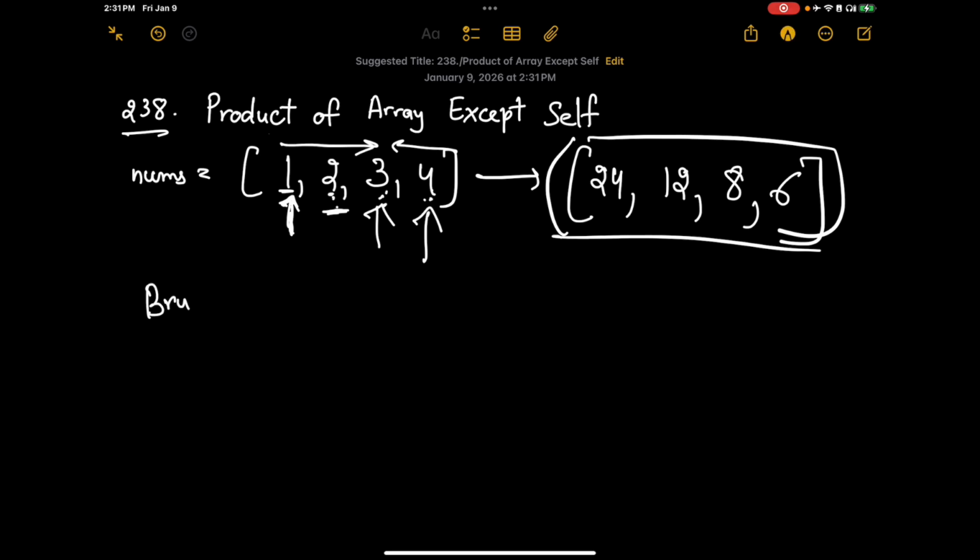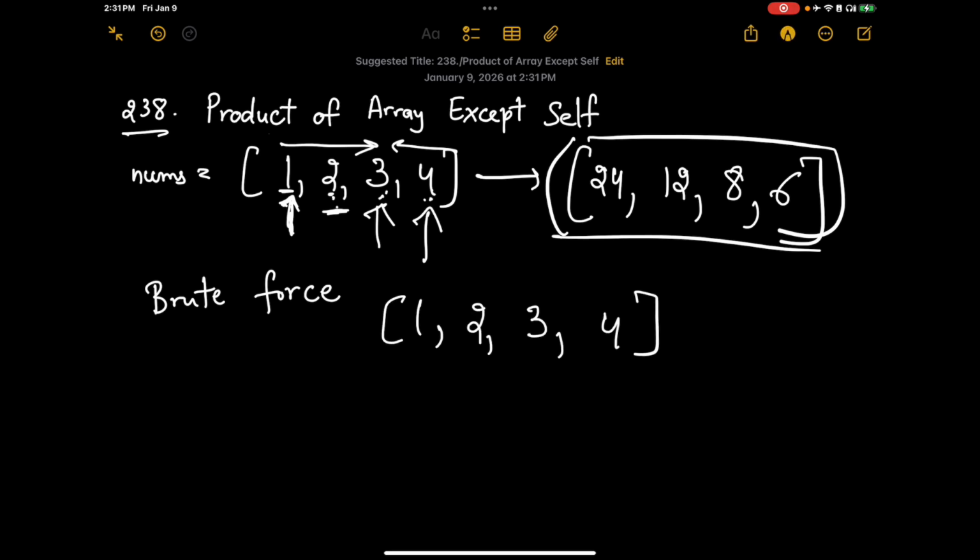Okay. So let's think of the brute force solution first of all. I'll just use the same example as given above. If you are standing at this index and you have to find the answer for this index, what you have to do is find the multiplication on the left side of it and the multiplication on the right side of it.